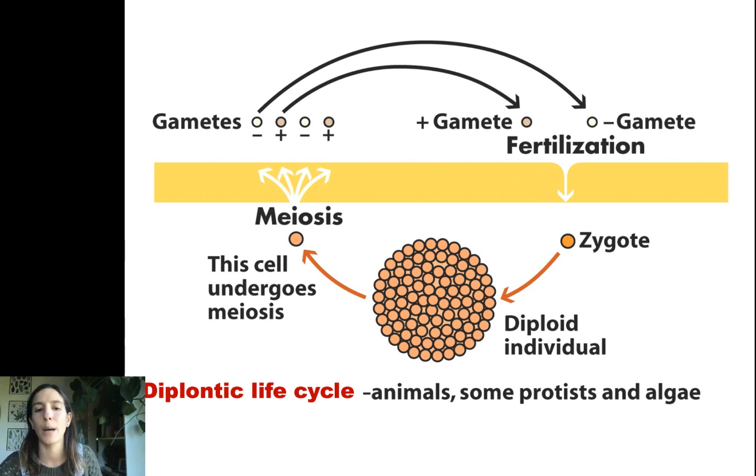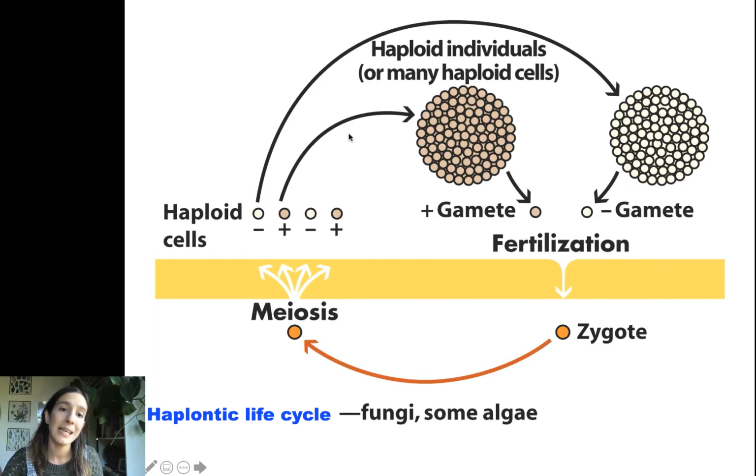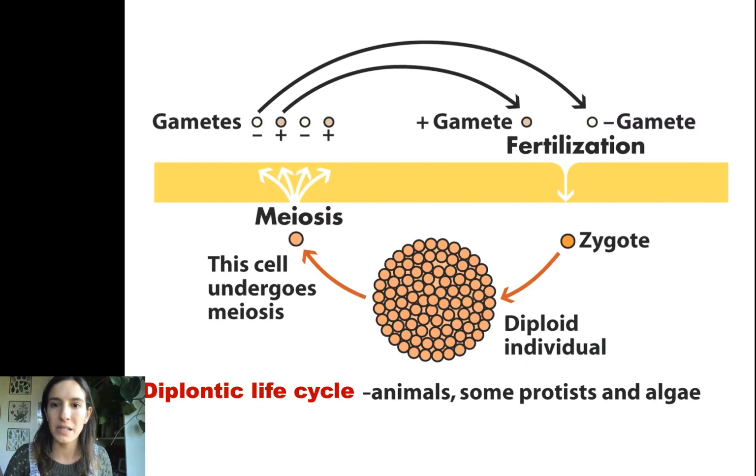Now, here are your other options for life cycles. Sometimes mitosis doesn't happen in the zygote. Sometimes it happens in the gametes. What? And so in this life cycle, which is called a haplontic life cycle, it's those haploid cells that go through mitosis. Okay? In the previous one, it was the diploid cells that went through mitosis.